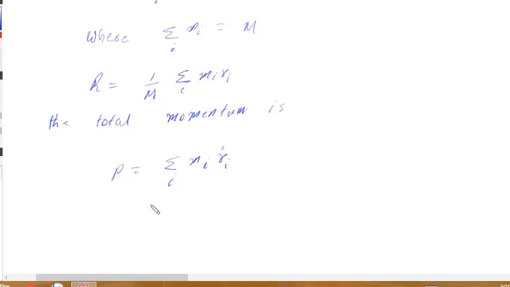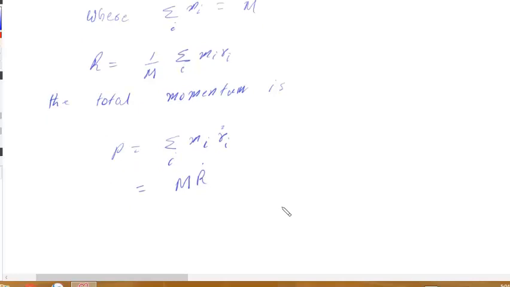Then we can write this in terms of the total mass and the position with respect to R. This is the velocity. Now this is equal to the momentum of a particle with the total mass at the location of the center of mass.